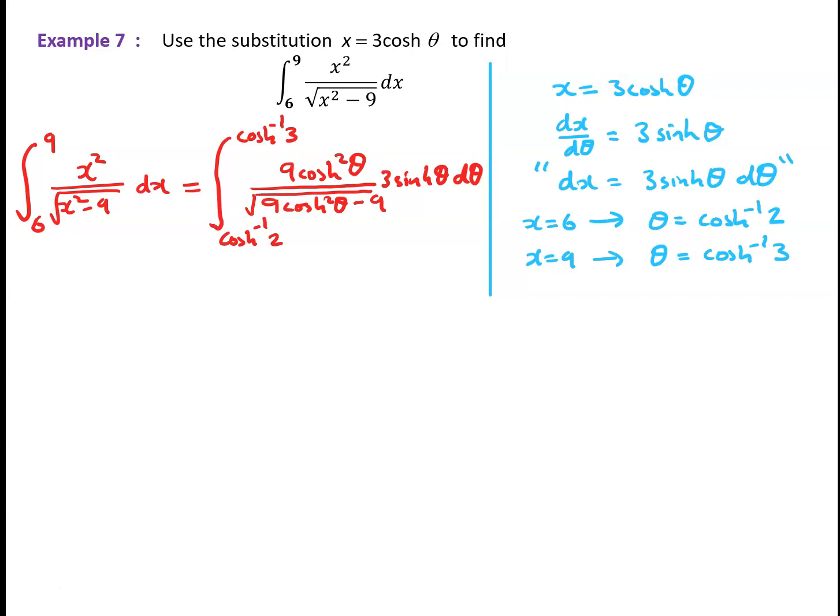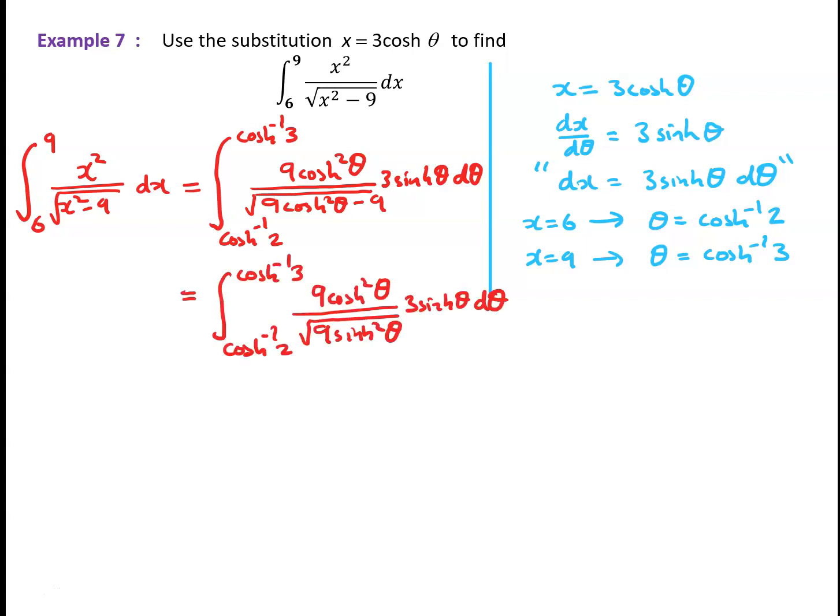Well, we know that cosh squared theta minus 1 is equal to sinh squared theta. So 9 cosh squared theta minus 9 is 9 sinh squared theta. Square root of 9 sinh squared theta is just 3 sinh theta.